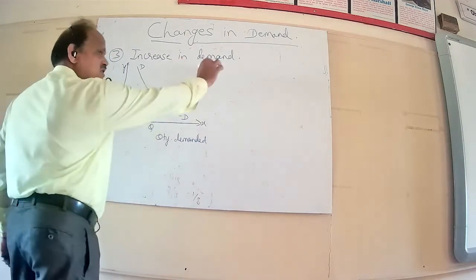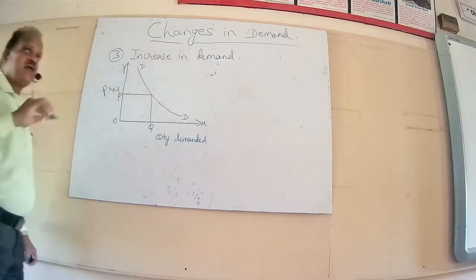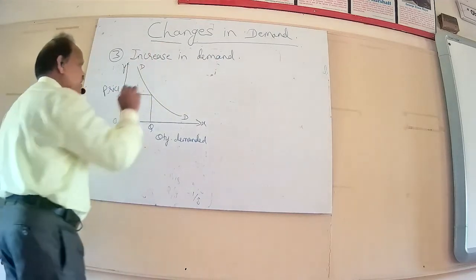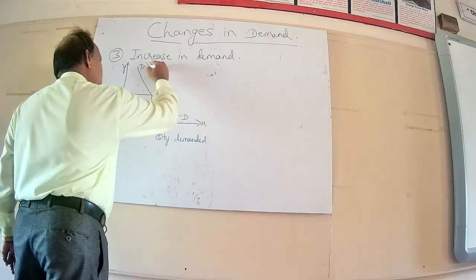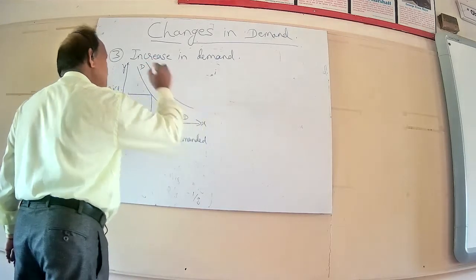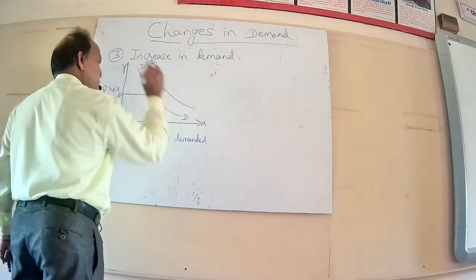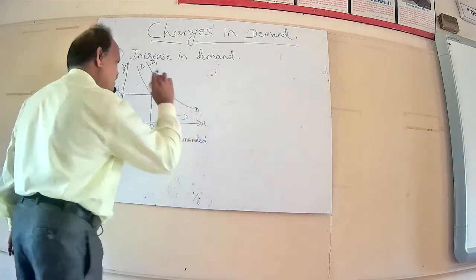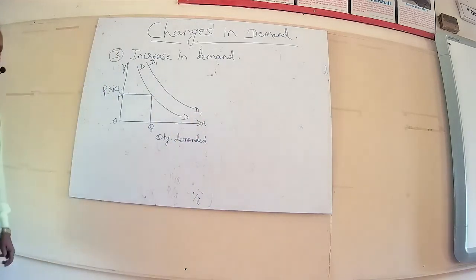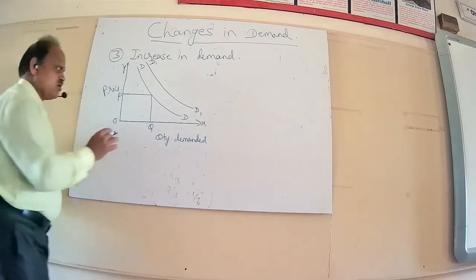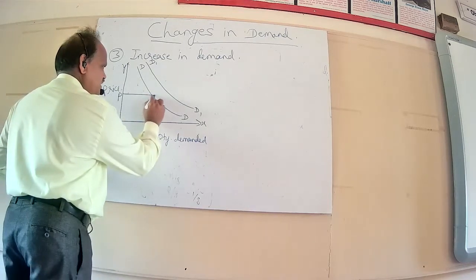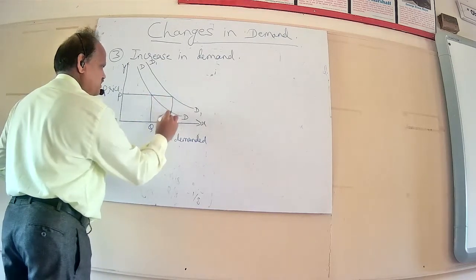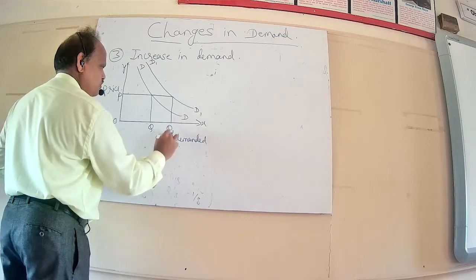In case of increase in demand due to the factors other than price, demand will increase. There will be a rightward shift in the demand curve. Now, the new demand curve will be D1, D1. So, rightward shift in the demand curve. Now, the quantity demanded will increase from OQ to OQ1.